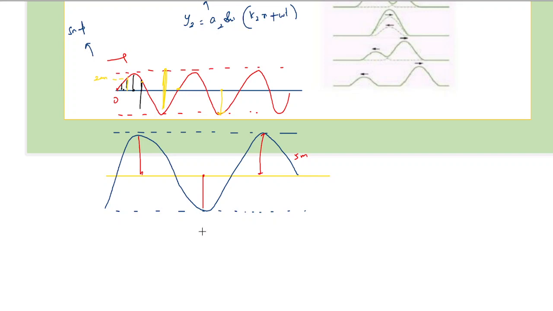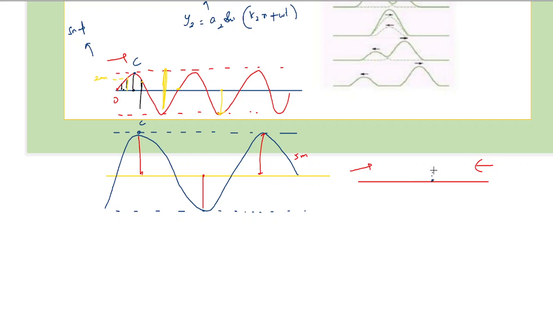Now what happens in a case where both the waves come together, that is, there's one wave coming from this side and one more coming from this side. If you want to look at any particle, if you want to look at this particle alone and see what happens, then if this crest falls on this crest, that is when they move in different directions, this particle will go up to 8 meters.